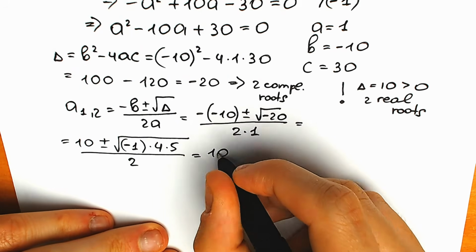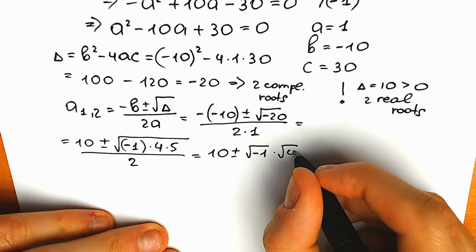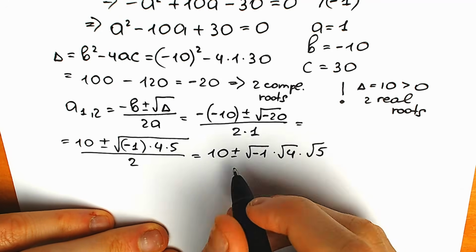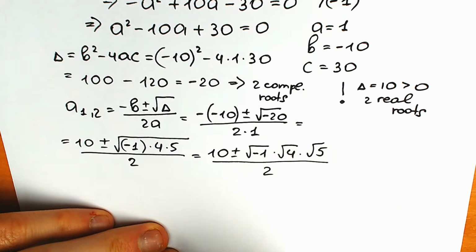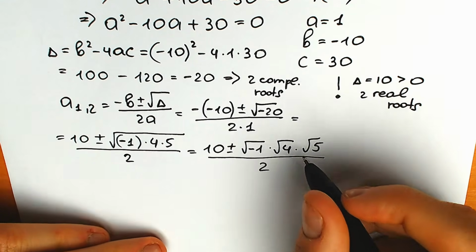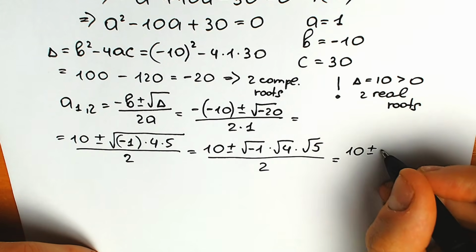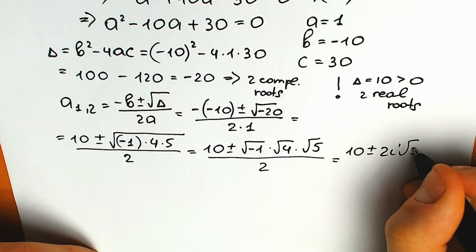So we can split it: square root of minus 1 times square root of 4 times square root of 5, over 2. The square root of minus 1 is our imaginary unit, i. The square root of 4 equals 2, so we have 10 plus minus 2i square root of 5, divided by 2.